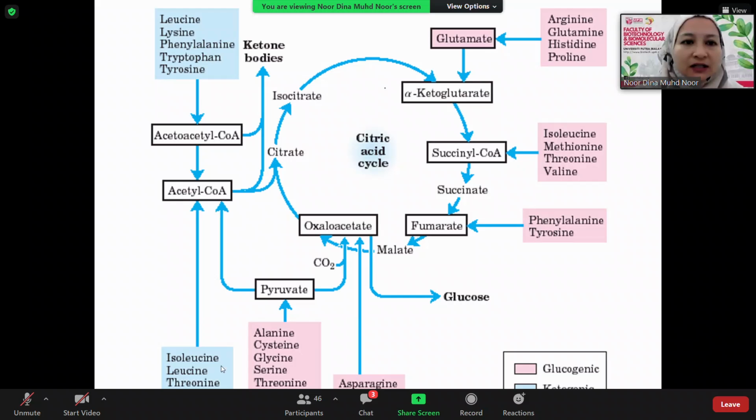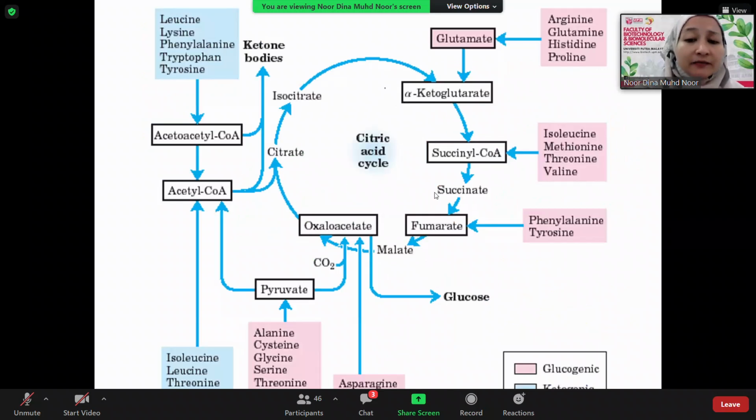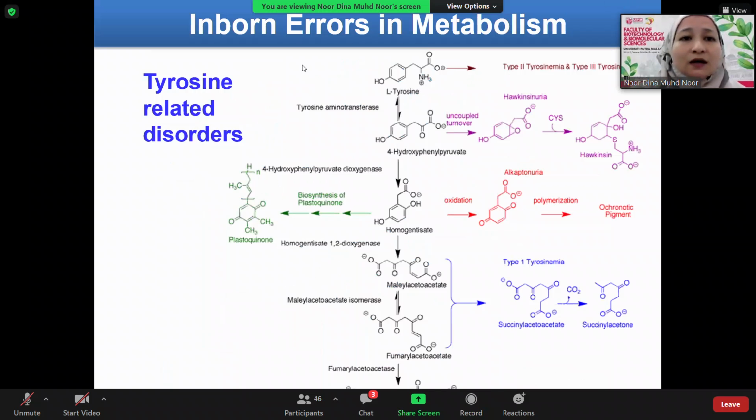Of course, you need to know which amino acids are degraded into which intermediates and so on, because we have many amino acids. So if I need to discuss each one of them, it's going to take a longer time.